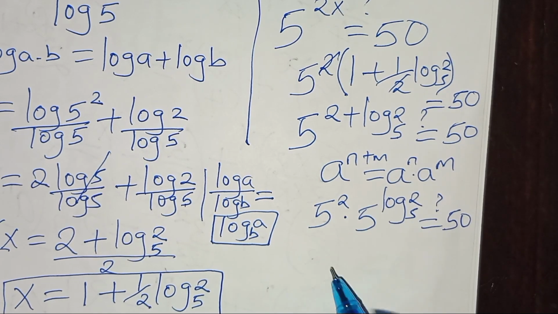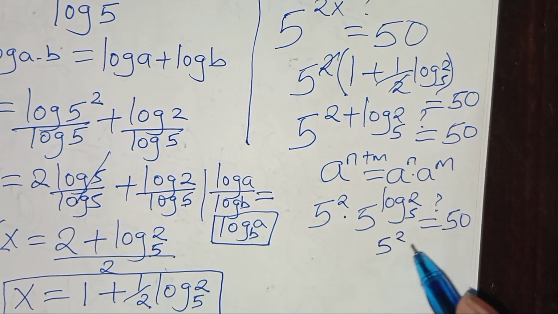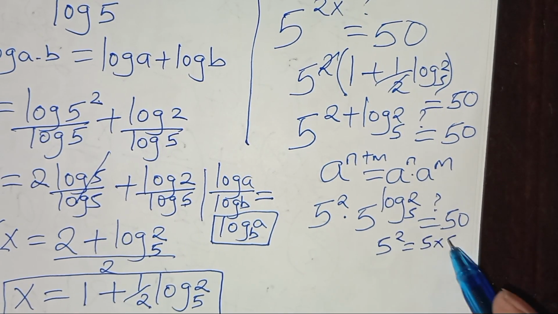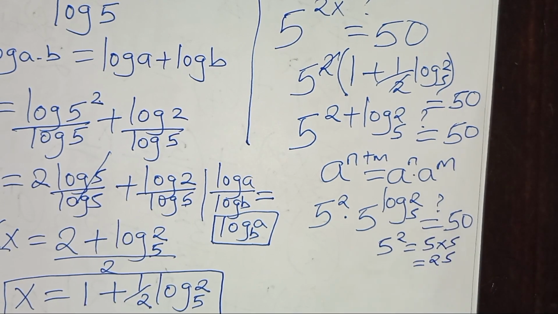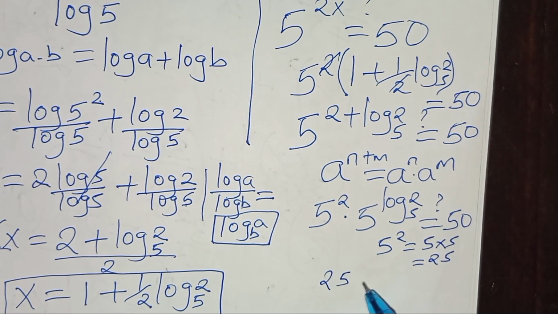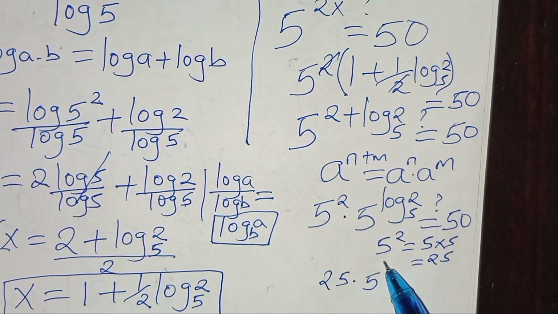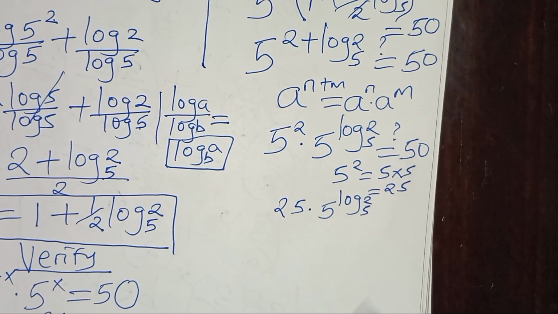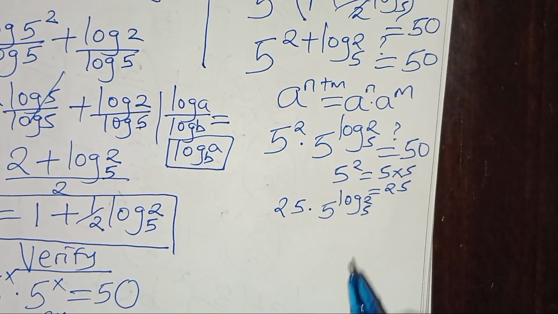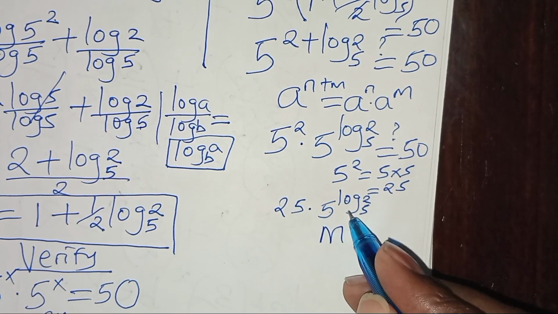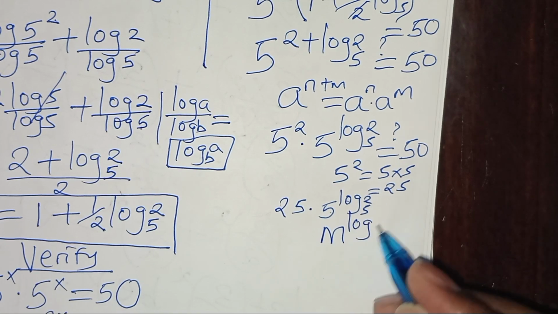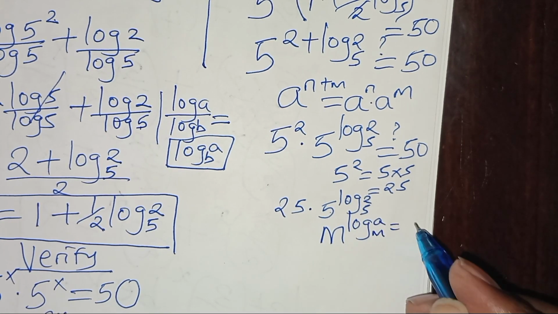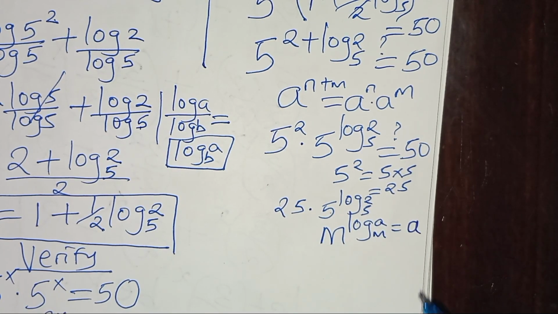Now 5 to the power 2 is the same thing as 5 times 5, which is basically 25. So we'll have 25 multiplied by 5 to the power log 2 to base 5. Now 5 to the power log 2 to base 5 is of the form of m raised to the power log a to base m, which is essentially equal to a.